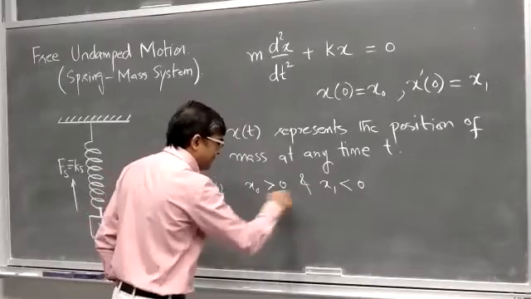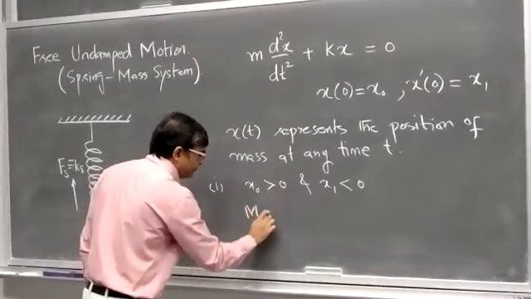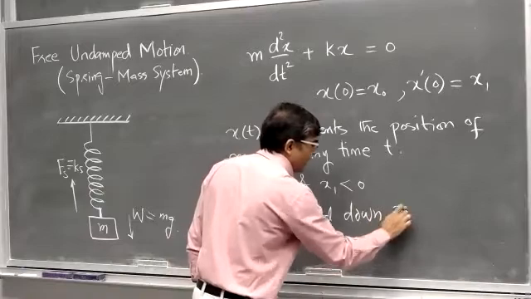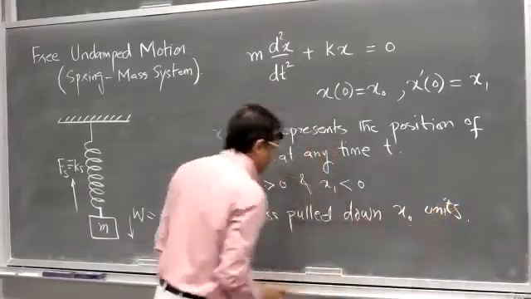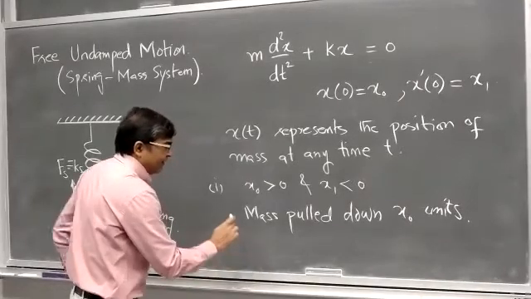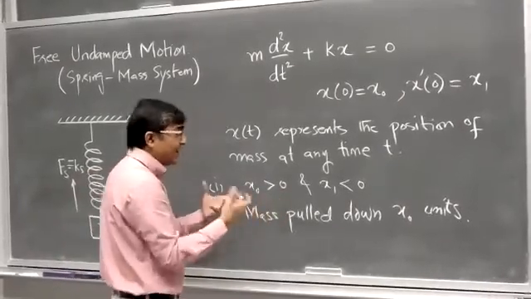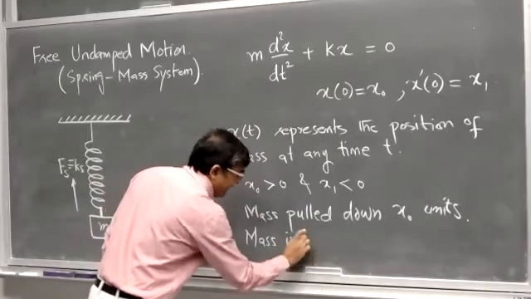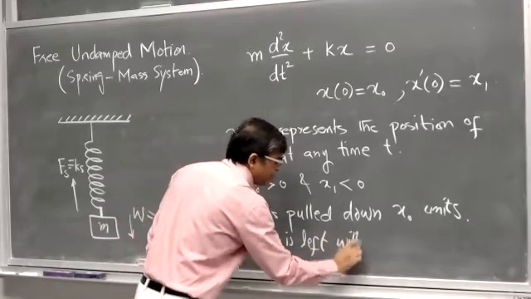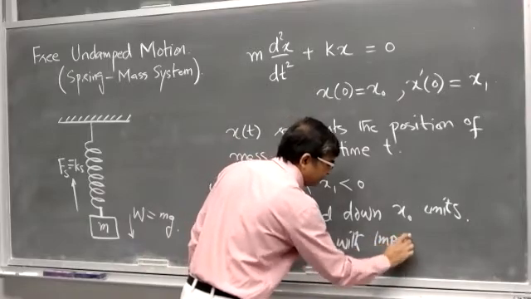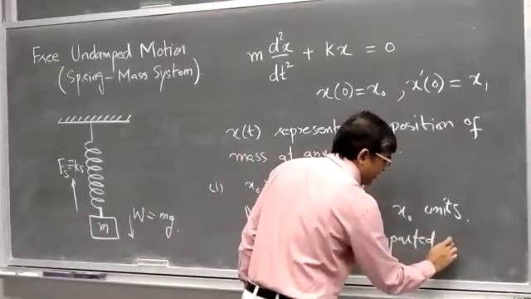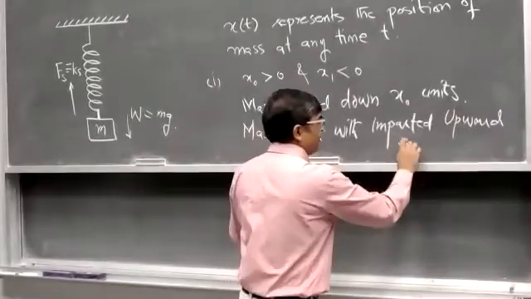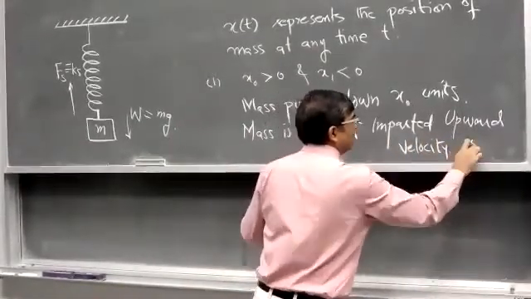What does this mean? The mass is pulled down x naught units, and that mass is left with an imparted upward velocity x1.